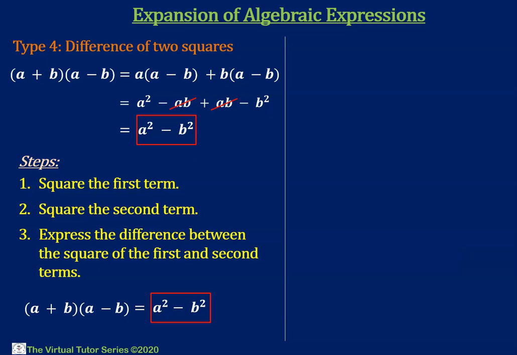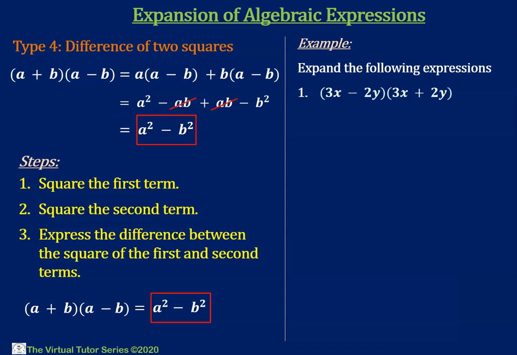Now let's take a look at the following examples. Expand the following expressions. Solution. Example 1 says we should expand the expression (3x minus 2y) times (3x plus 2y). Step 1 is to square the first term.